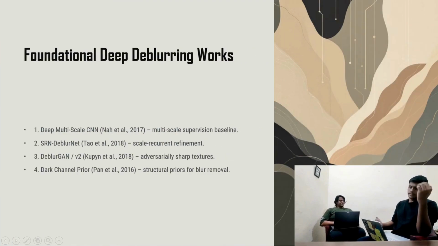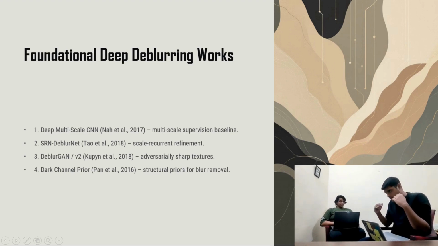Okay, so I'll basically be talking about the references and contributions of different works which we went through during the survey. The first one which came into our purview was Deep Multi-Scale CNN by Nah et al., published in CVPR 2017. This model sets a huge milestone because of the encoder-decoder model they developed for the high-blur GoPro dataset.